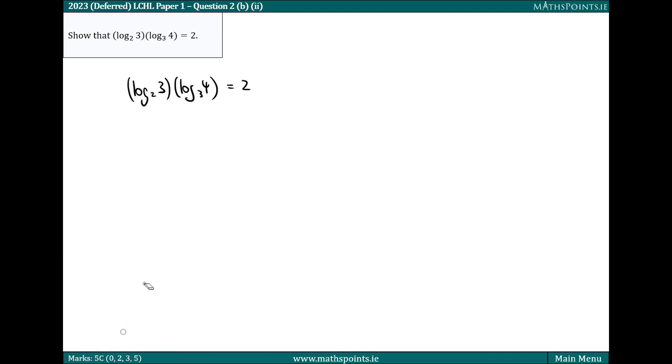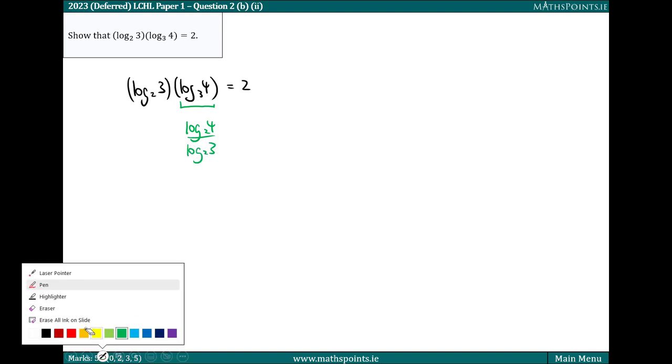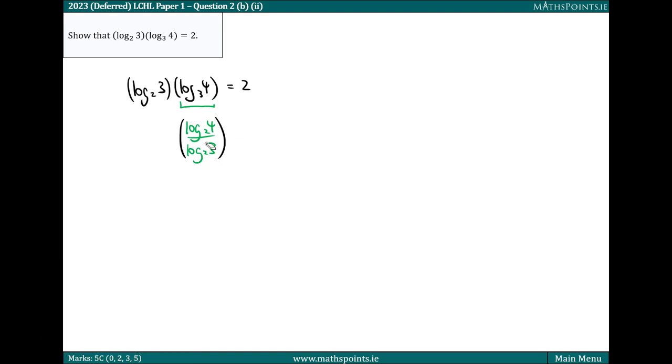So in part 1, we identified that this here, log of 4 to the base 3, is log of 4 to the base 2 over log 3 to the base 2. So I'm just going to replace that. I have my log 3 to the base 2 here, and that's equal to 2. And what we should be able to see here is that on the left hand side we have a product here, two things multiplied by each other.